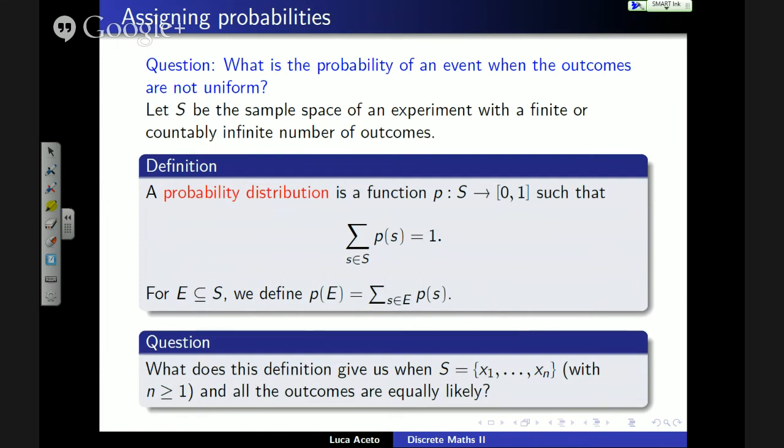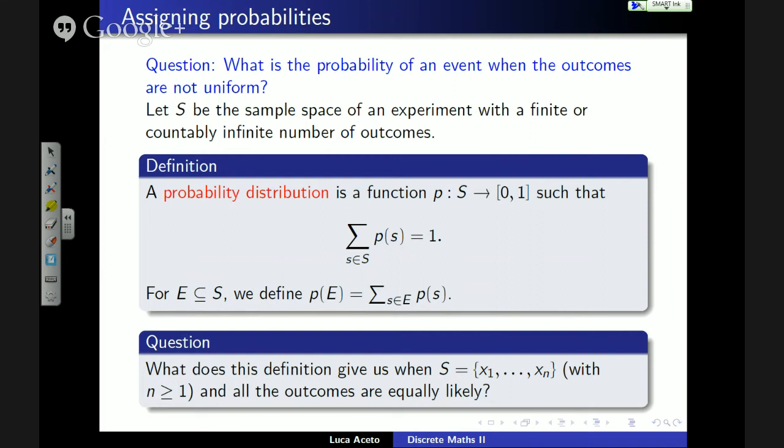In general, we define something which is called a probability distribution. Now, what is a probability distribution? It's a function that goes from the collection of outcomes to the interval [0, 1] of the real line.